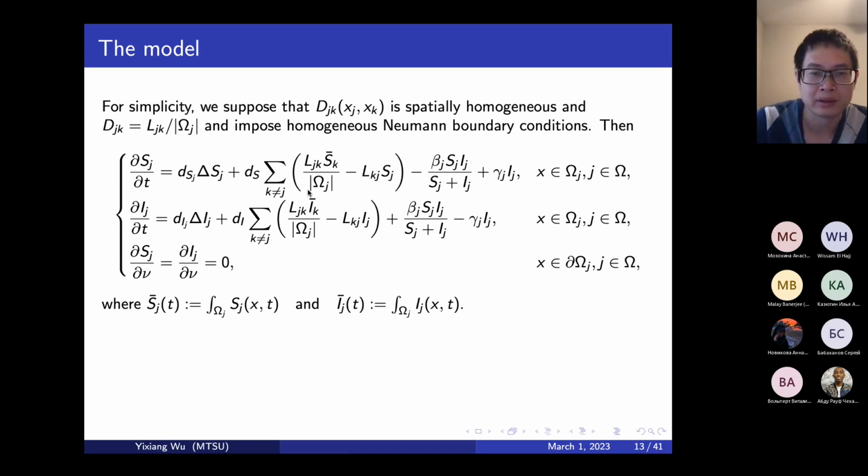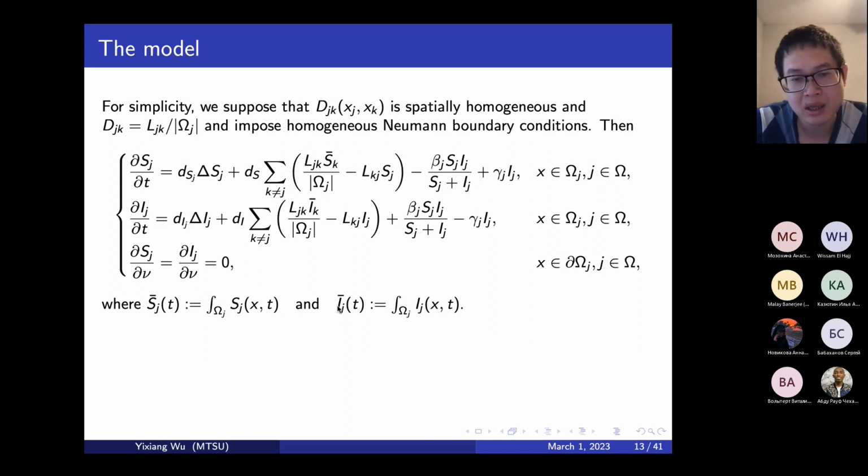Here again, DS, DI are the movement rates between the patches, and DSj, DIj are the movement rates inside the domains. Here, Sj bar is the integral of Sj, which represents the total susceptible population in domain omega j.